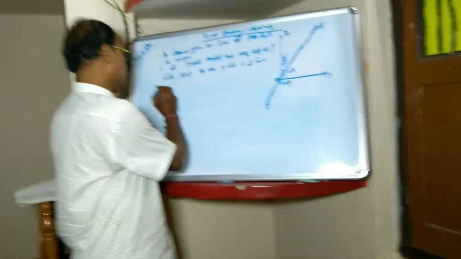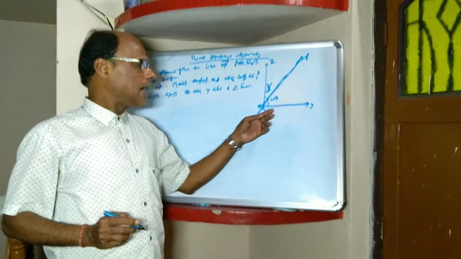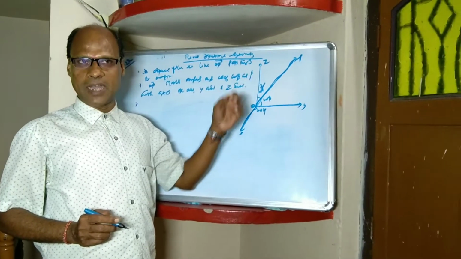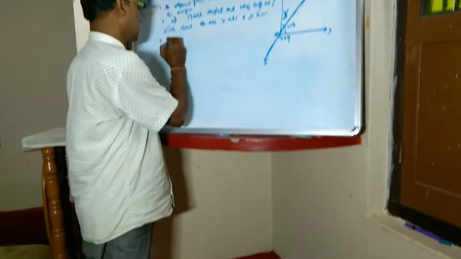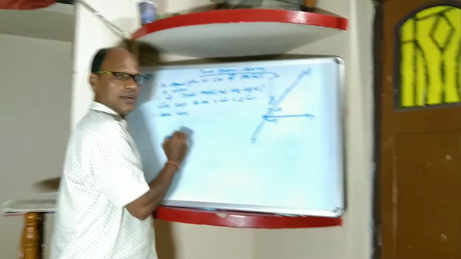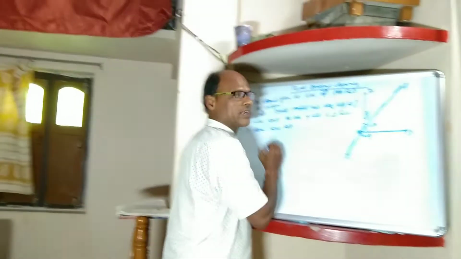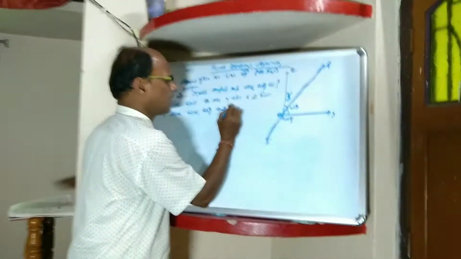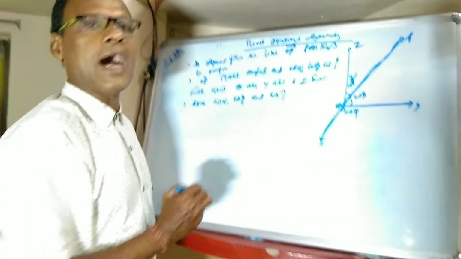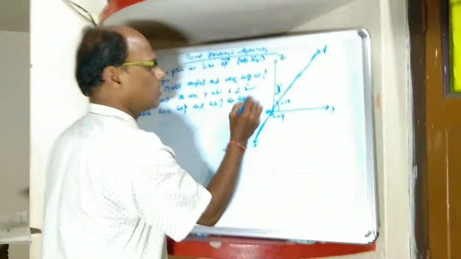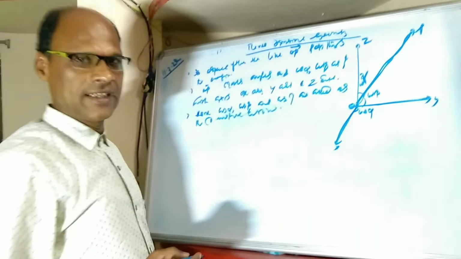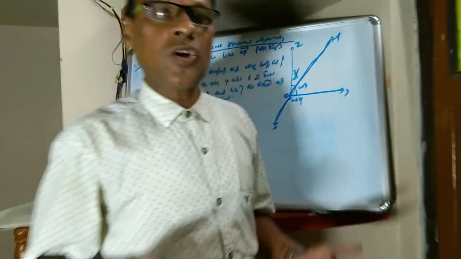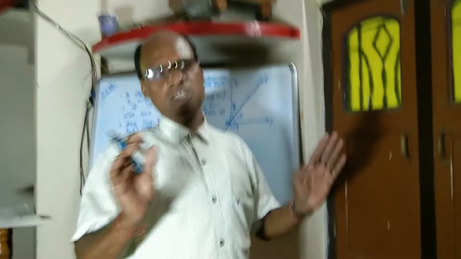Here cos alpha, cos beta and cos gamma are called the direction cosines.